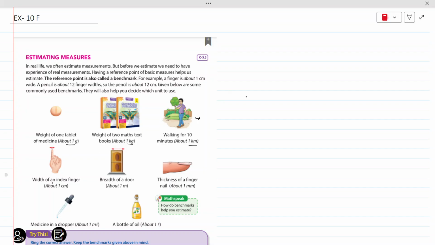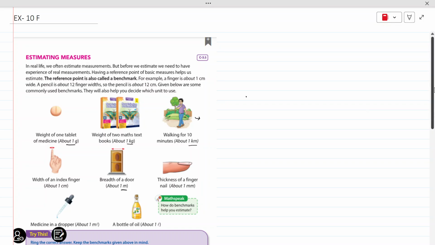The width of the index finger is about 1 centimeter. The breadth of a door is about 1 meter. The thickness of a fingernail is about 1 millimeter. Medicine in a dropper is about 1 ml. A bottle of oil is about 1 liter. These are all small estimates which we can take.